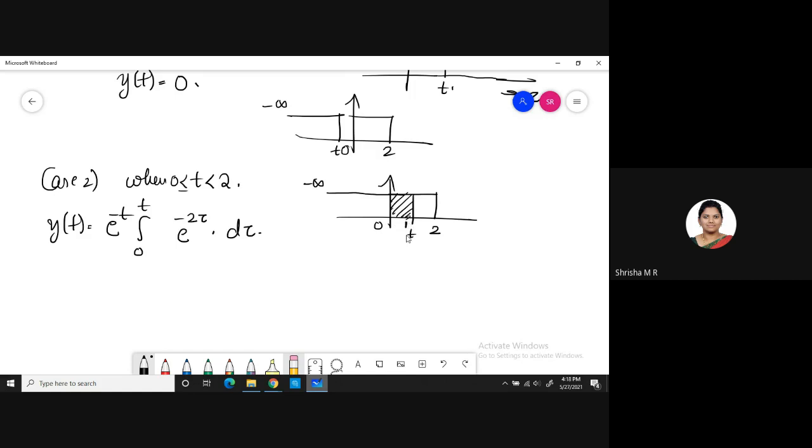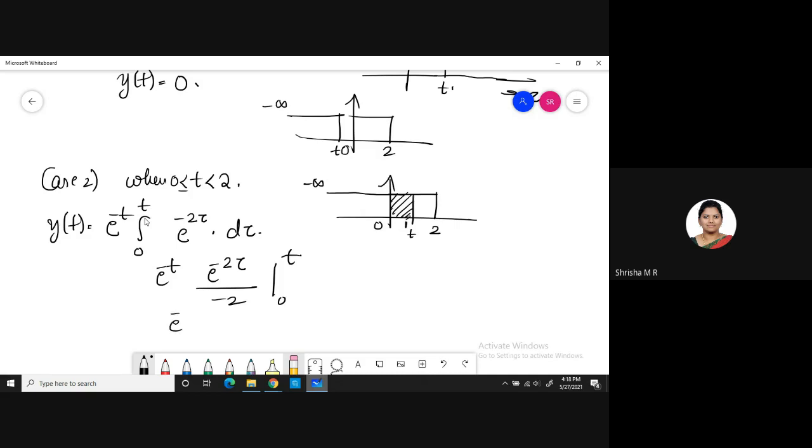So we have taken our integral 0 to t. Now try to solve this. You have e power minus t. The integration of e power minus 2 tau with respect to d tau will be e power minus 2 tau by minus 2 with limits 0 to t. So what will you get if you solve it?